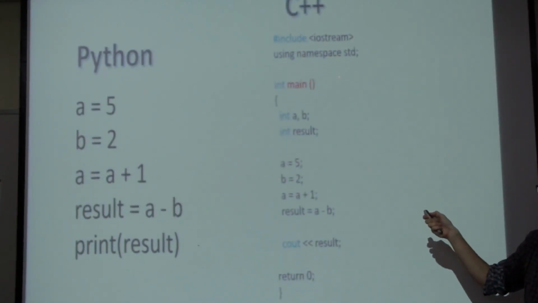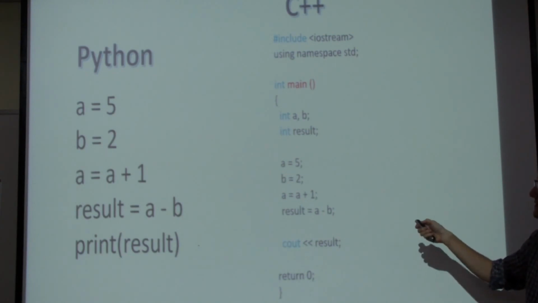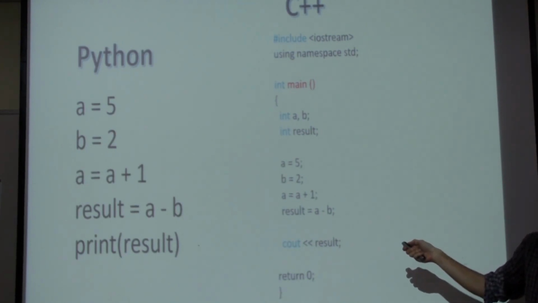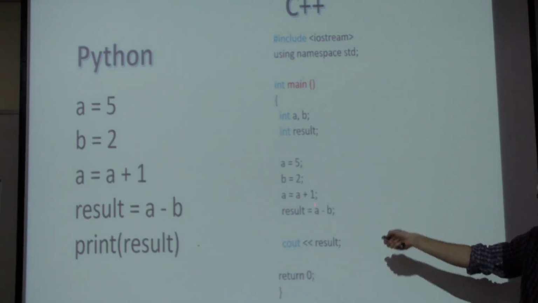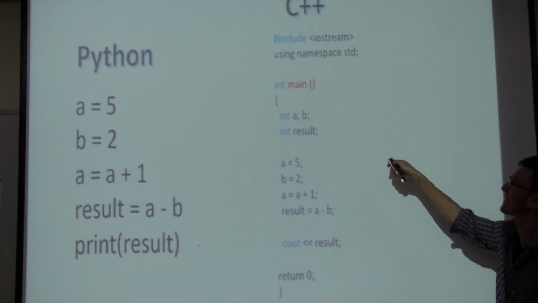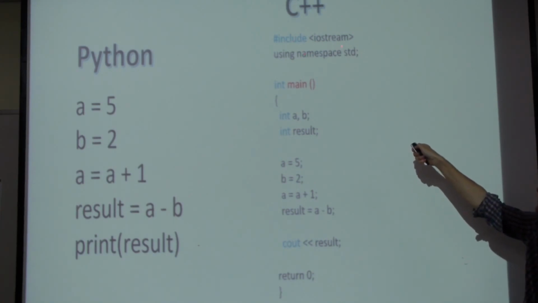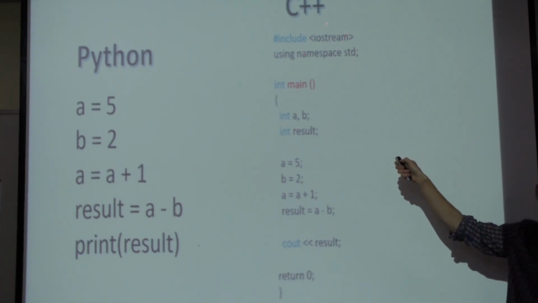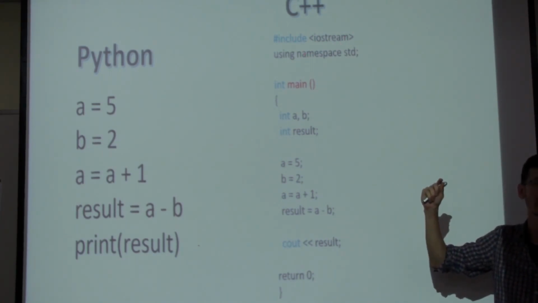This is the program in the Python programming language. Now, how does it look in C++? This is fun. You look, it's so long. Now, what's happening here? Include iostream. This is a standard command for C++.